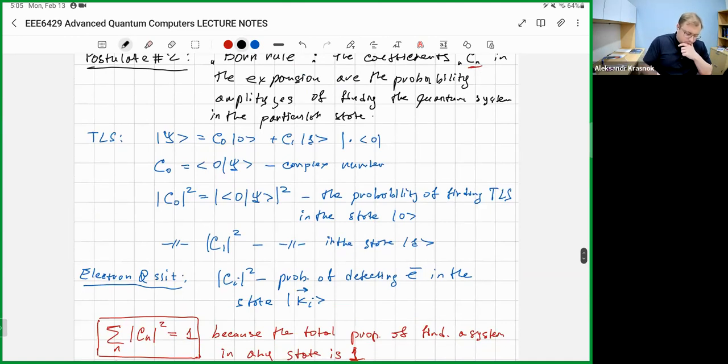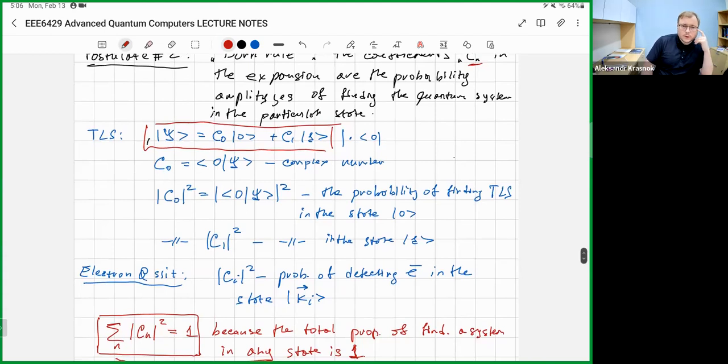For example, for a TLS, two-level system, we have this representation of a general state of a two-level system as a superposition of two states, 0 and 1, and this superposition has these C sub 0 and C sub 1 coefficients, and these coefficients describe the probability amplitude of finding this two-level system in either state 0 or state 1.